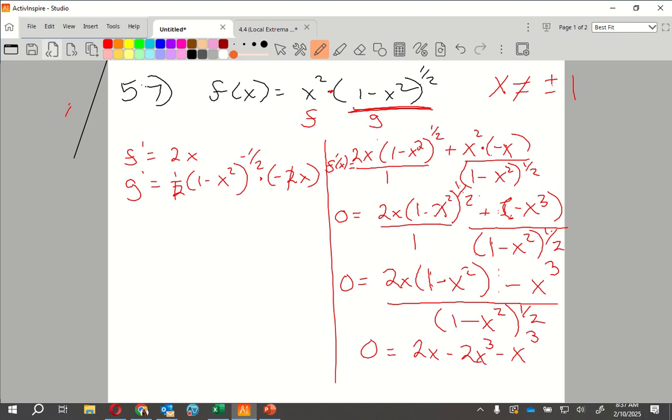So there's that. So I get that for my, let's see, I'm going to use this here after I combined everything together. And that's my first derivative.